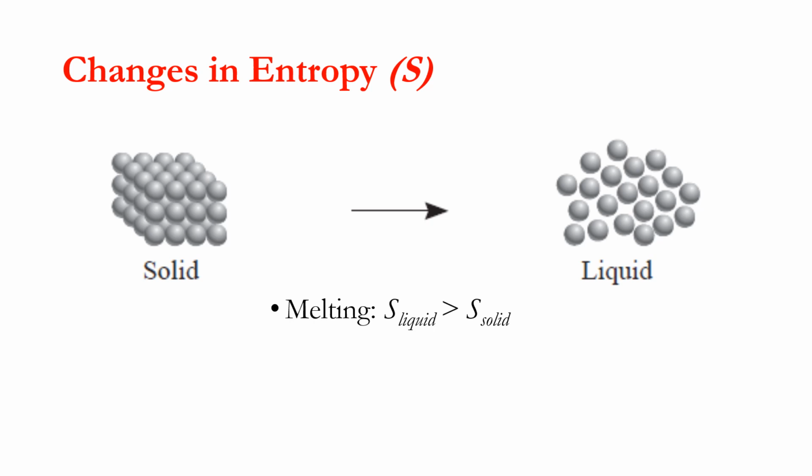So if we are to compare the entropy between the liquid and the solid, it is greater in liquid than in solid. So the greater the spaces for the particles to move around, the greater the dispersion, the greater the chances for them to be dispersed or spread out in the system.